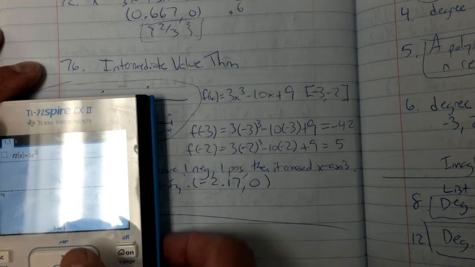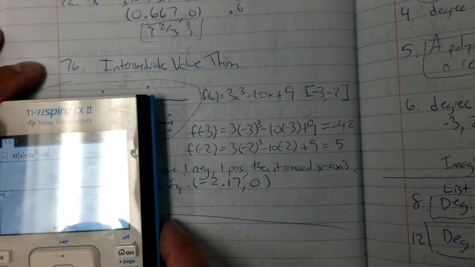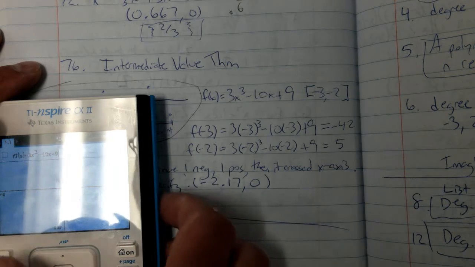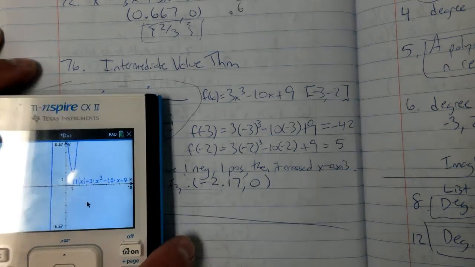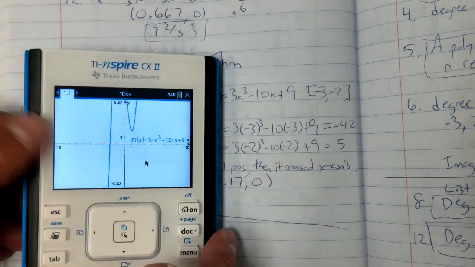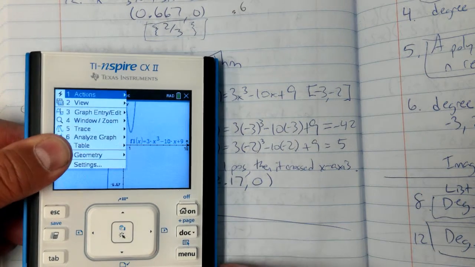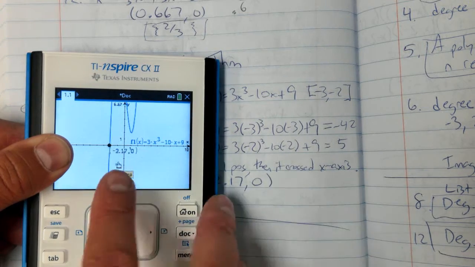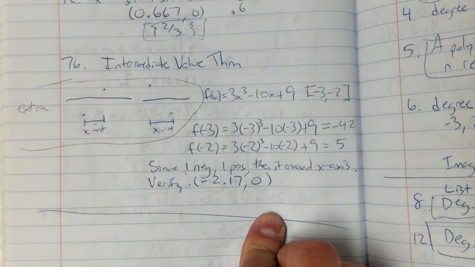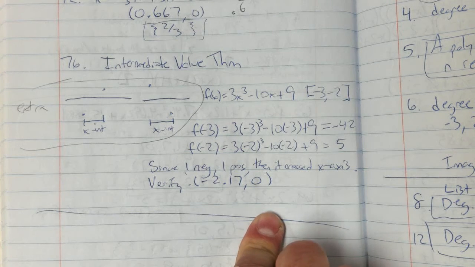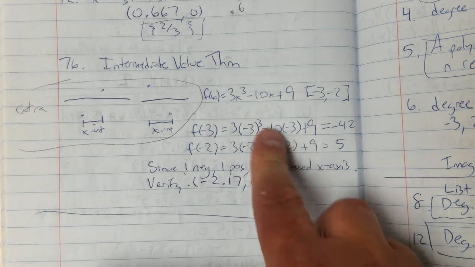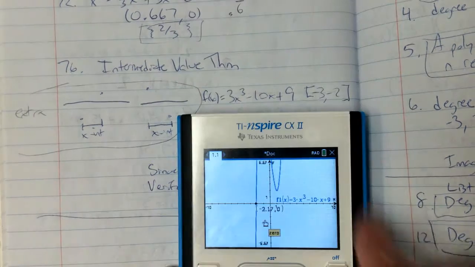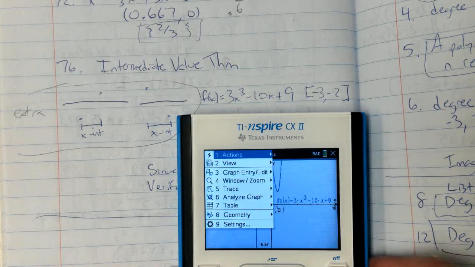3x up arrow 3 minus 10x plus 9. Enter. Okay, so here it crossed at one spot, and I go menu, analyze, 0, between here and here is -2.17. By the way, remember, if you didn't want to plug in the numbers, you could have just done the whole equation like we've said before.